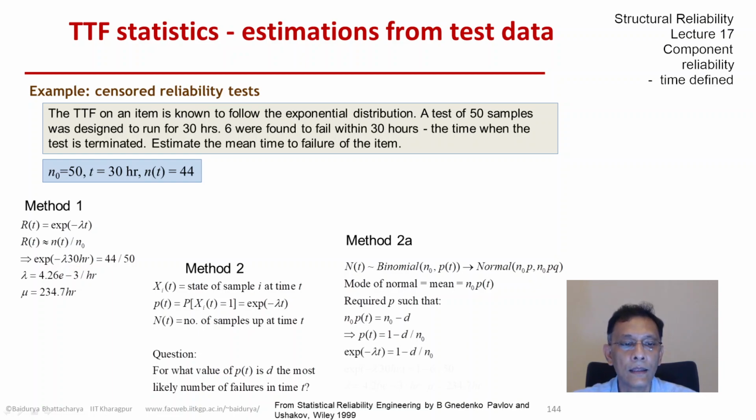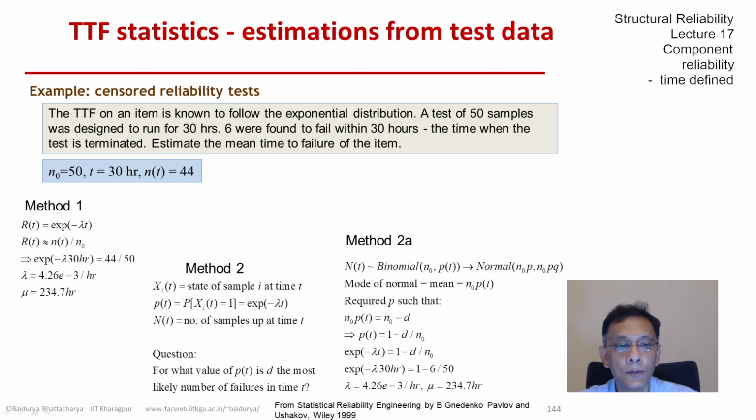and using the expression for p of t, I get a relation between lambda and d, and if I do the algebra, I end up with actually the same answer as I had in method 1: lambda is 4.26 10 to the minus 3 per hour, and the mean is 234.7 hours.